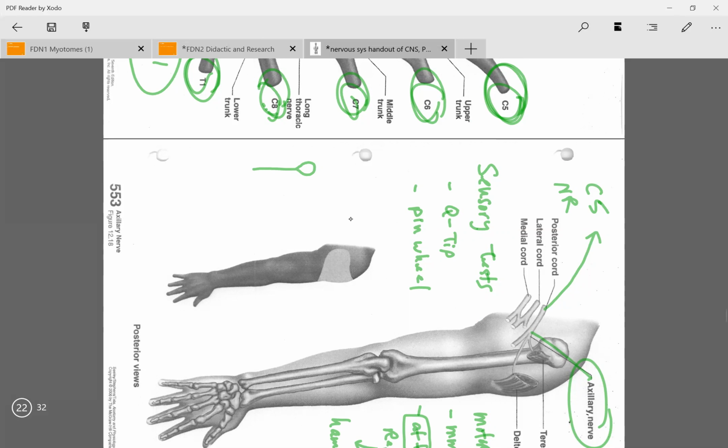The pinwheel has a handle, and at the end of it has a wheel, and the wheel has spikes on it. These spikes are designed to elicit pain and temperature, and you roll that wheel across the area of interest.